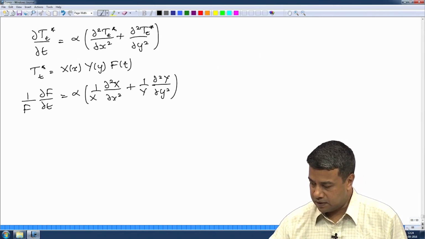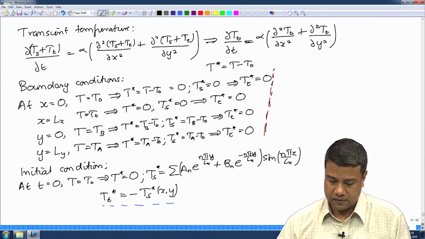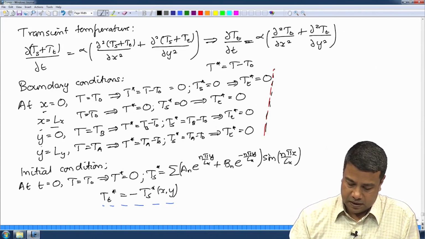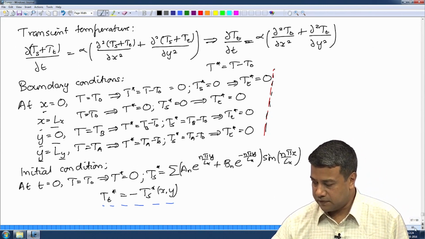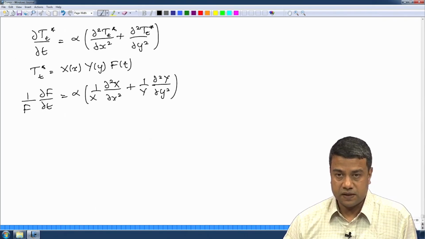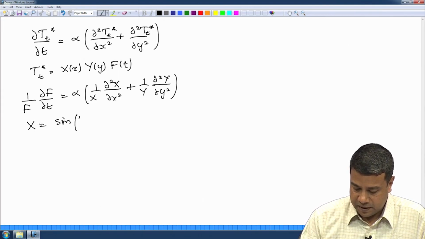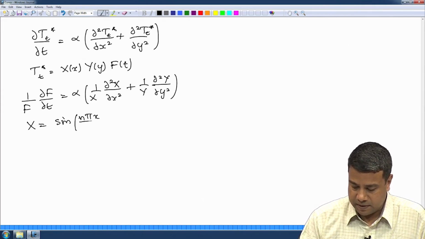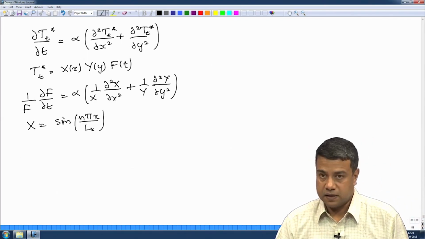If you recall, for the transient part, all boundary conditions are homogeneous, at x is equal to 0 and x is equal to Lx, and at y is equal to 0 and y is equal to Ly. Therefore, I need to have eigenfunction solutions in each of these directions. So, X will be of the form sine n pi x by Lx, where n has to be an integer.